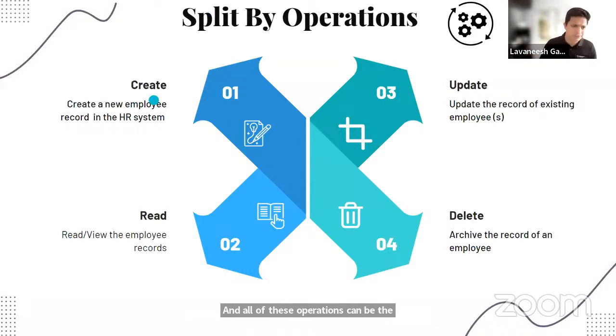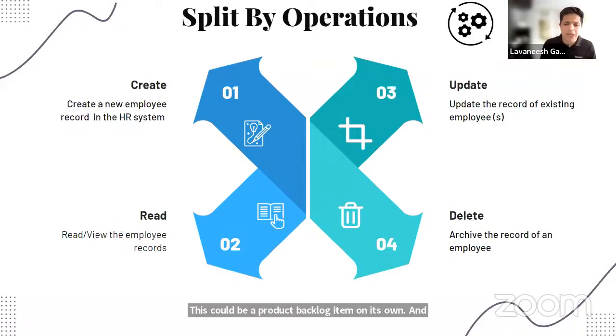So for example, who are the people who can create an employee record in the HR system? Not everybody can. Probably only the HR people can create the employee record, or maybe the line manager. Not everybody can do that. So this could be a feature on its own, a product backlog item on its own. And then, for example, reading.